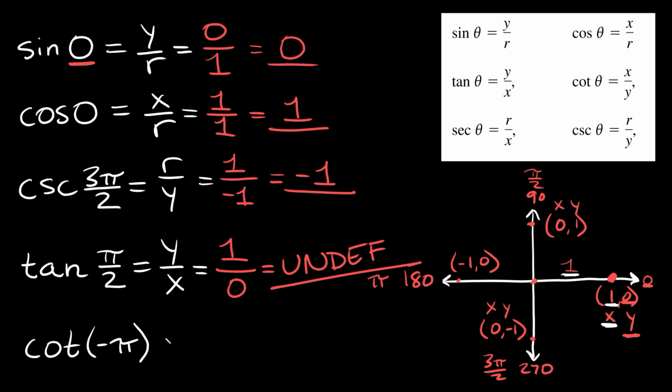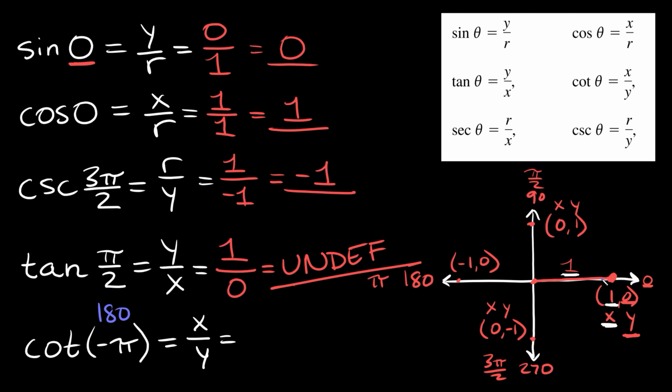Now lastly, the cotangent of negative pi. The cotangent is the reciprocal function of tangent. So if tangent is y over x, cotangent is going to be equal to x over y. We can confirm that by looking at the table up here. This time we want to figure out the cotangent of negative pi. Pi is the same thing as 180 degrees. If we rotate positive 180 degrees, we would land right here.